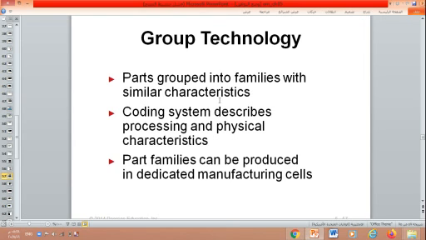The company can provide a coding system which describes the processing and the physical characteristics of those products, such as the size and the shape of the products, and the parts families can be produced in dedicated manufacturing cells.